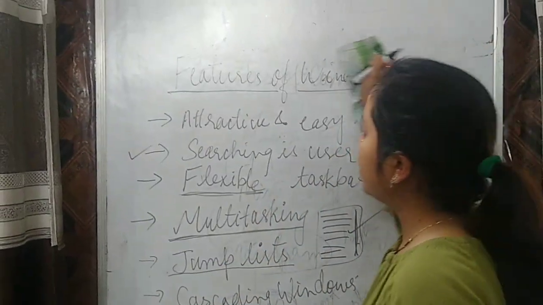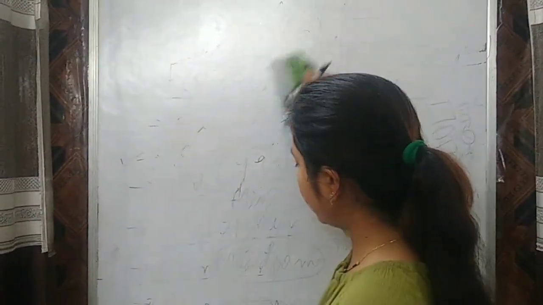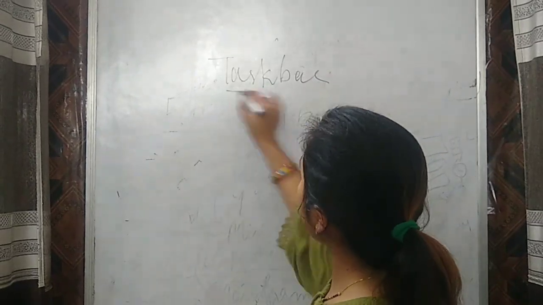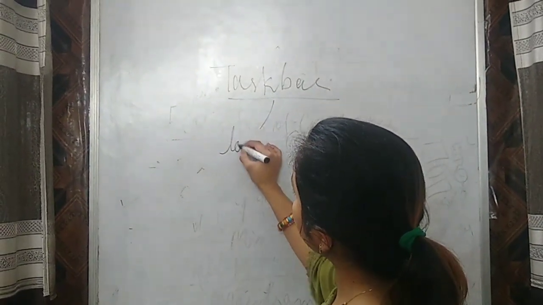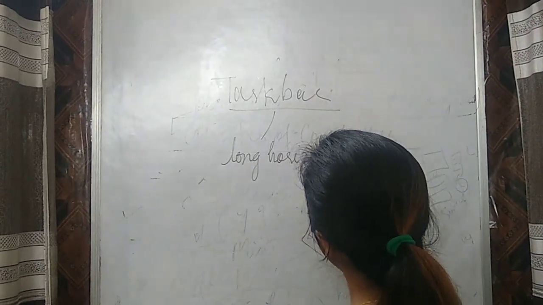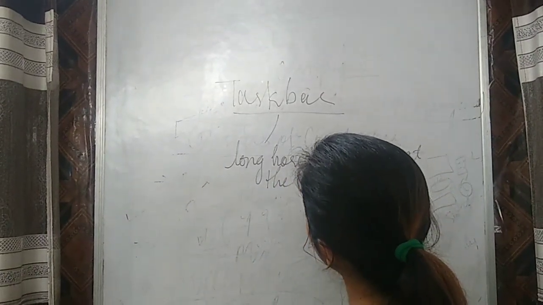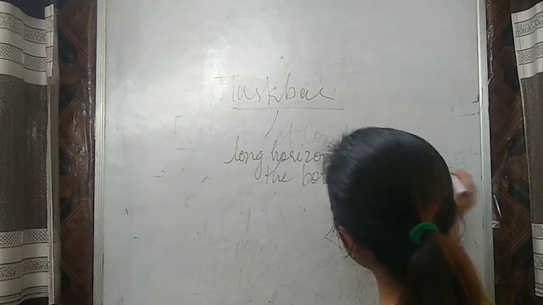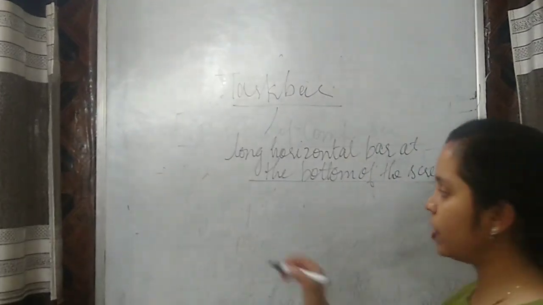Now the next thing in your book is about the taskbar. Now you will study about the taskbar, and you have studied the taskbar in class 3rd also. What is the taskbar? Taskbar is a long horizontal bar at the bottom of the screen.